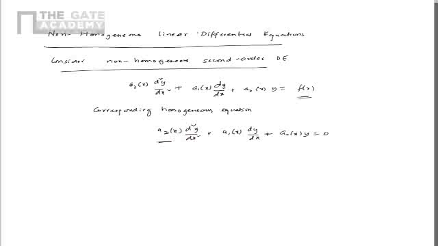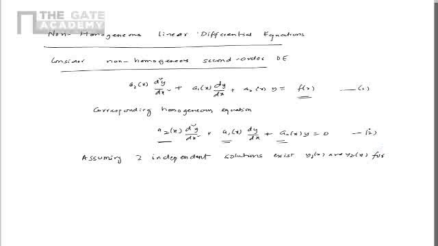Now with constant coefficients we have seen how to find the independent solutions. So assuming that two independent solutions exist, y1(x) and y2(x). Here 1 is the non-homogeneous equation and 2 is the corresponding homogeneous equation.